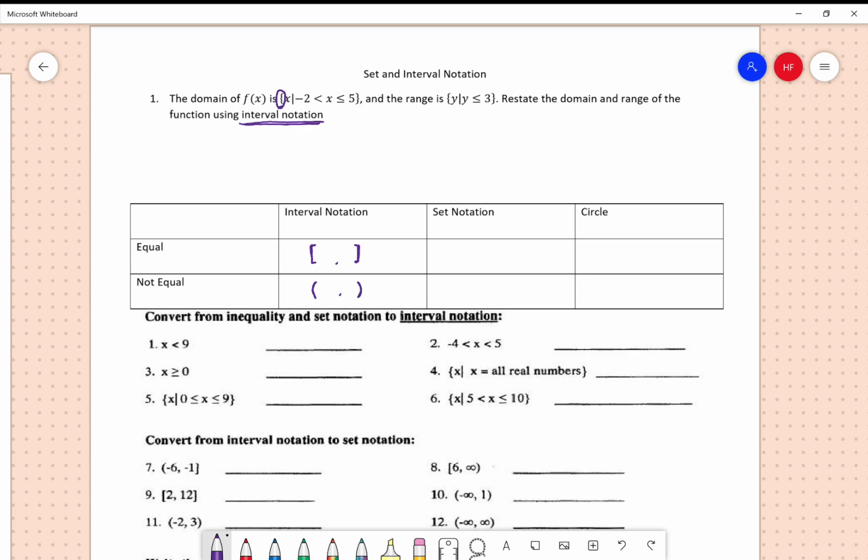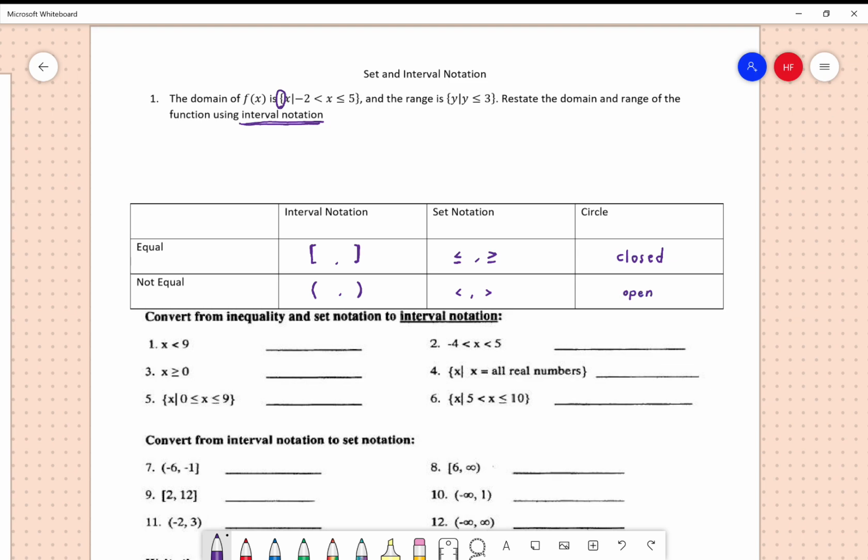In set notation, if it is equal to, that's when we've got the line underneath. And if it's not equal to, it does not have a line. Then the circle, if we were graphing it, the circle would be closed. And if it's not equal, the circle would be open.